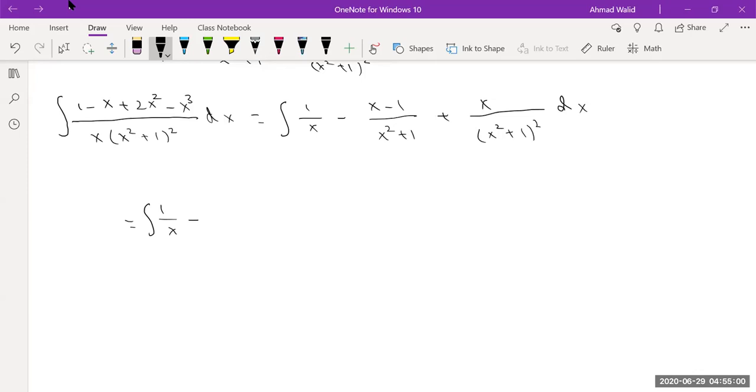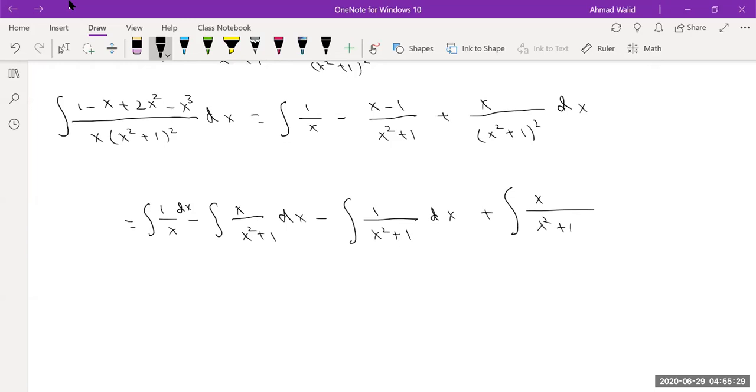I can write minus integral of x over x squared plus 1 dx, minus integral of 1 over x squared plus 1 dx, plus integral of x over x squared plus 1 all to the power of 2 dx.